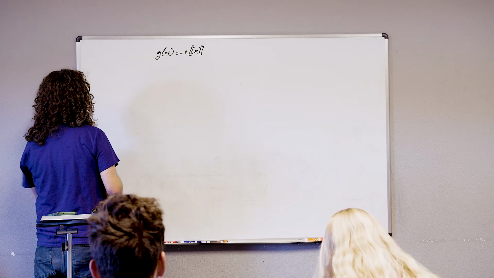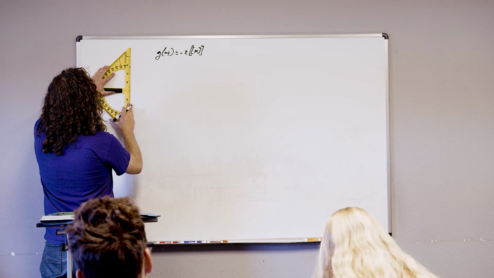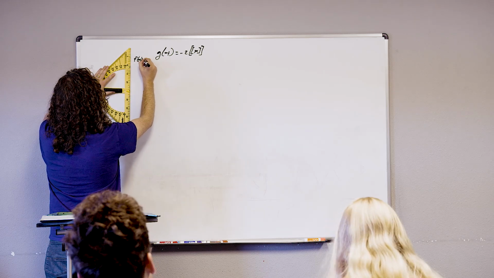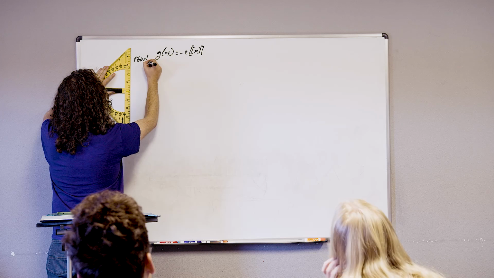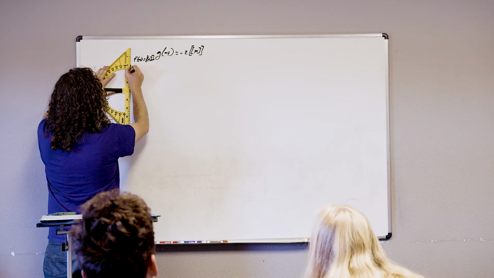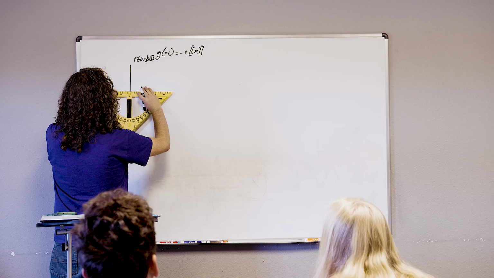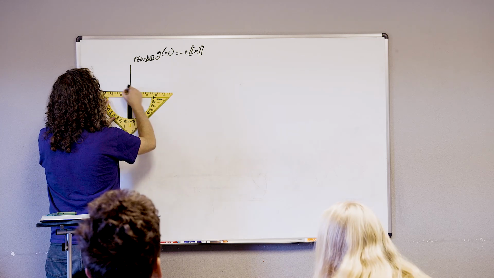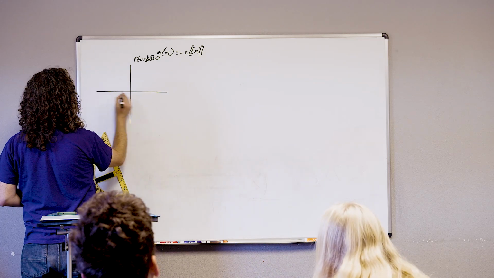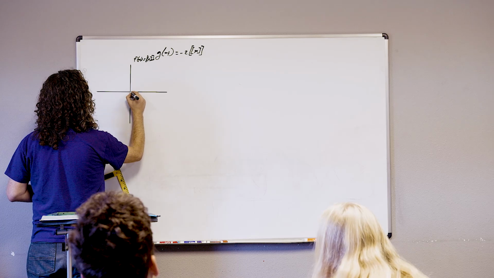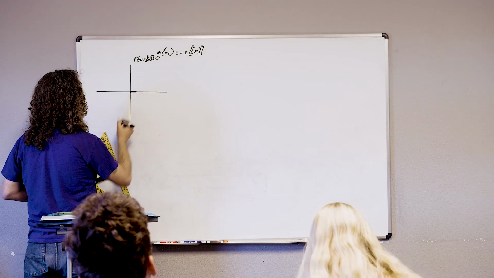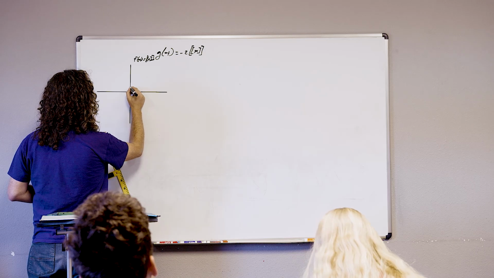So the parent function for the greatest integer, which is just f of x equals greatest integer of x, looks like this. It starts here, and from 0 to 1, it's right here, and then it jumps up.